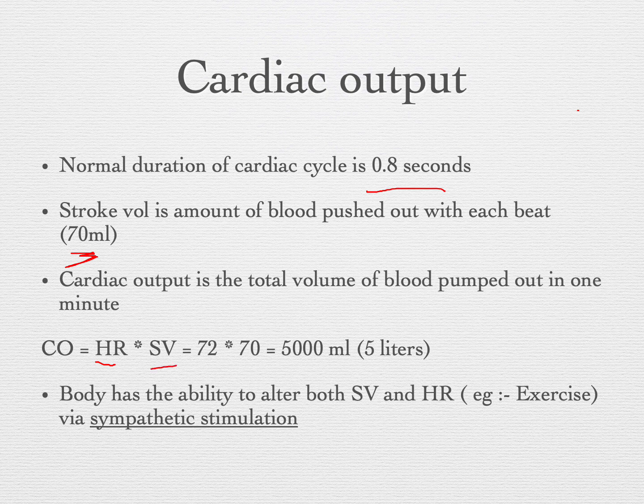So if heart rate is 72 beats per minute and stroke volume in a normal individual is 70 ml, then you will arrive at a cardiac output of approximately 5000 ml, which is 5 liters per minute. Now the body has the ability to alter both stroke volume and heart rate in the case of exercise via sympathetic stimulation, something that we will be learning about in the next section.